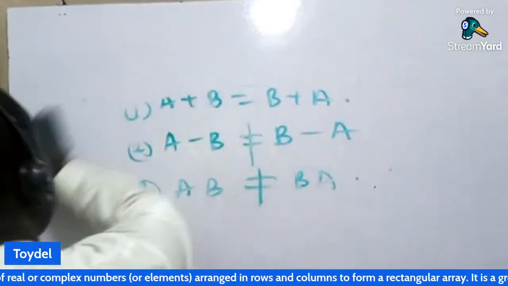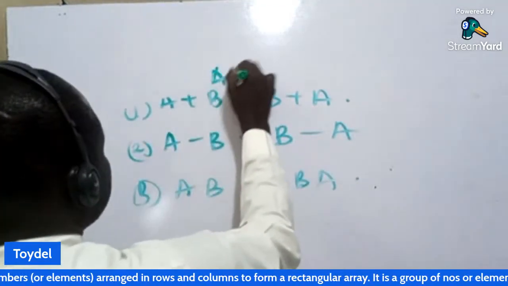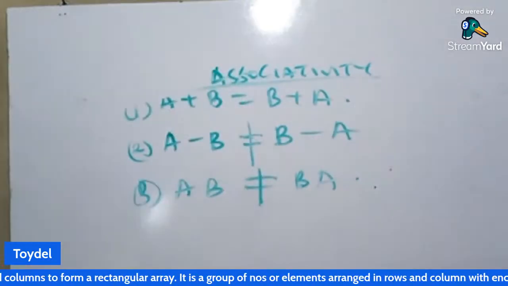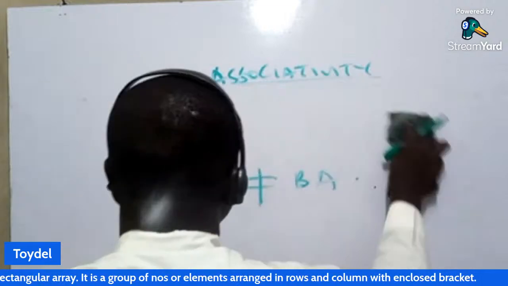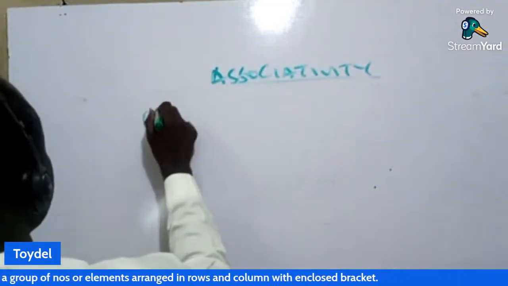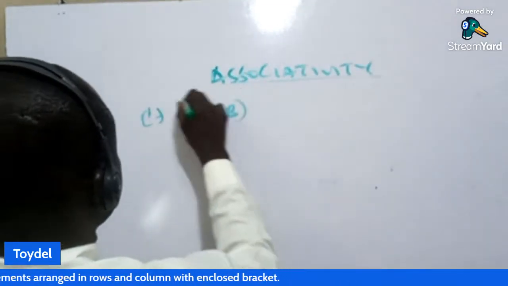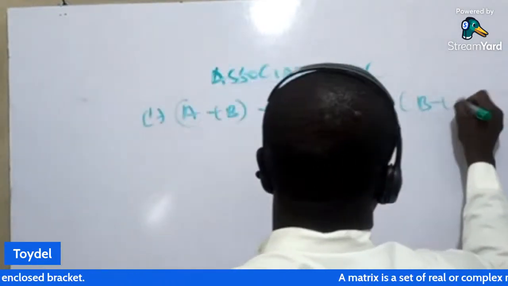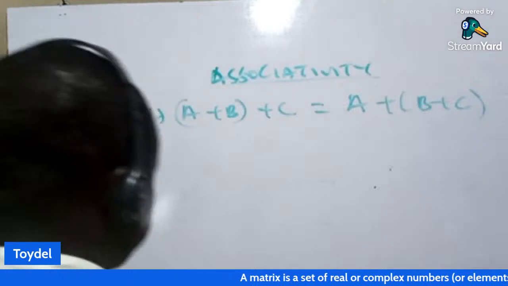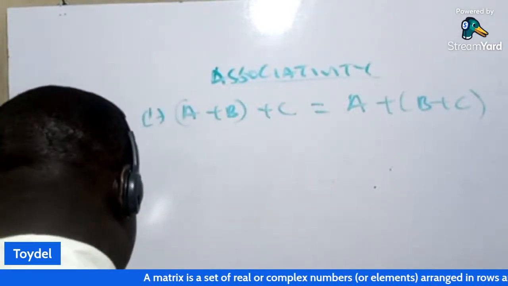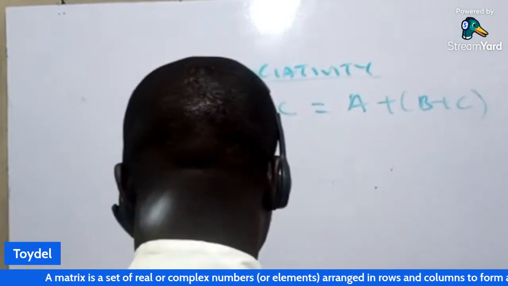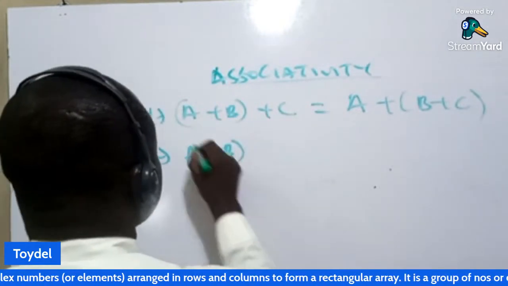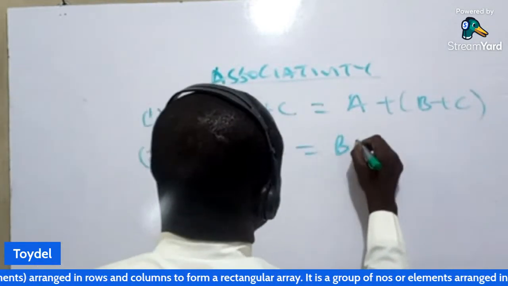Now let's look at this other property, which is called the associative property. That's when we have three matrices. Let's say we have A plus B, then we relate it with C, and it's the same thing as A plus B plus C. Under addition, it is possible. So addition of matrices is associative. Let's note that. But under subtraction, would that be possible?